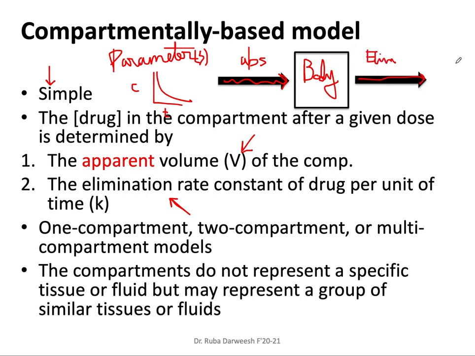But we are presenting the compartment, or group of tissues or group of organs in a specified space, that are behaving kinetically in the same way, and we are having all of them in one space or compartment or box.